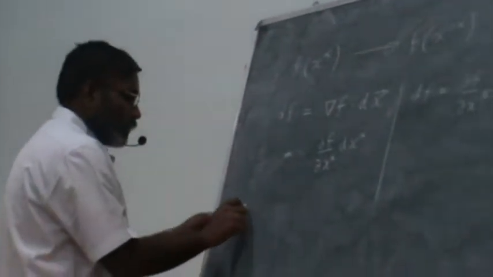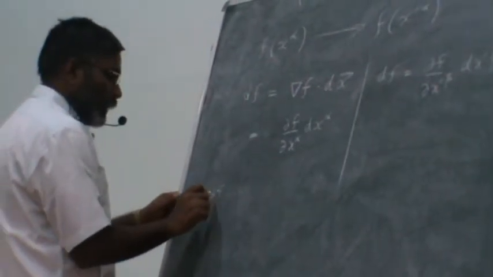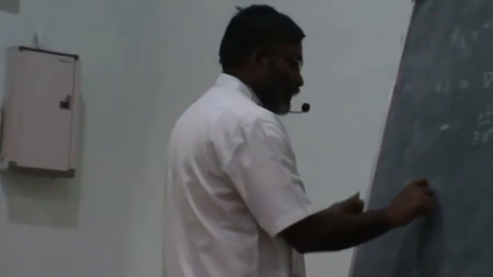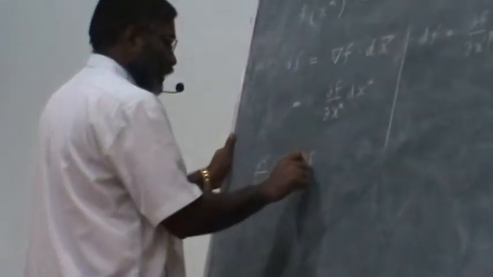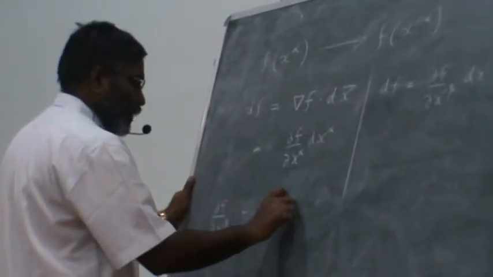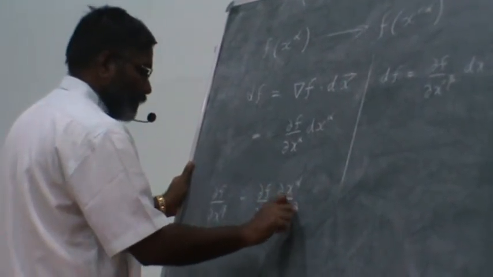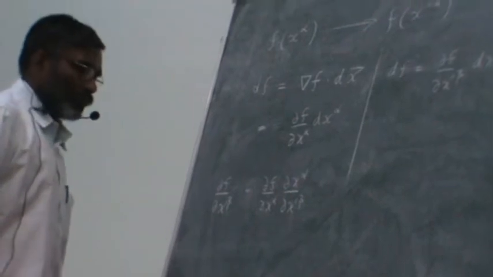Now you can ask what is dou f by dou x prime beta. You can write it as dou f by dou x alpha into dou x alpha by dou x prime beta. Alpha is summed over. Correct? Alpha is summed over.